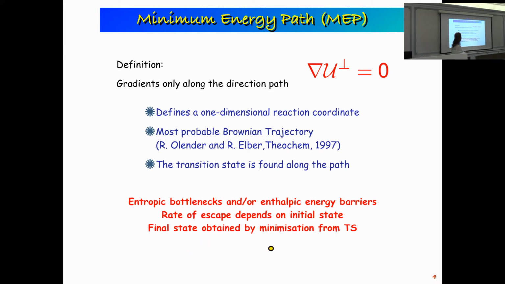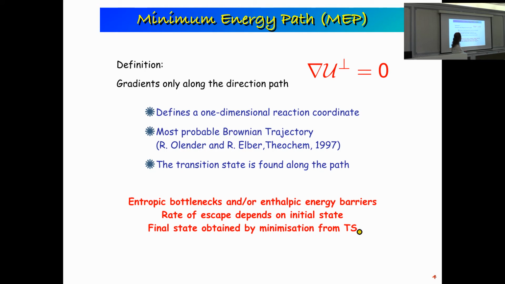But once you have this minimum energy pathway, or at least an estimate of the minimum energy pathway, it is easier, by minimization, to find the intermediate states with more accuracy.